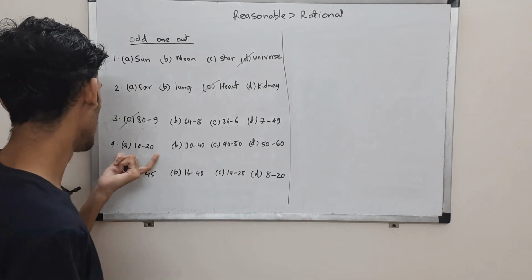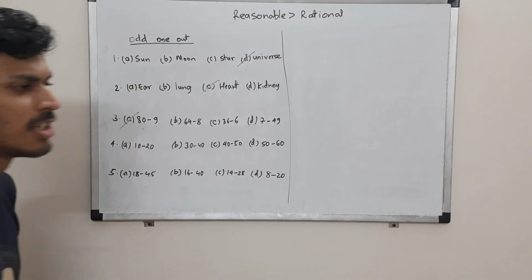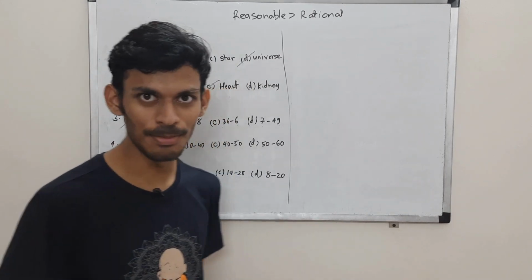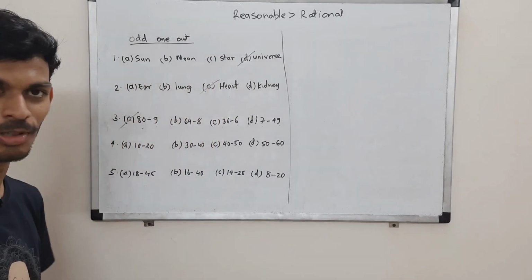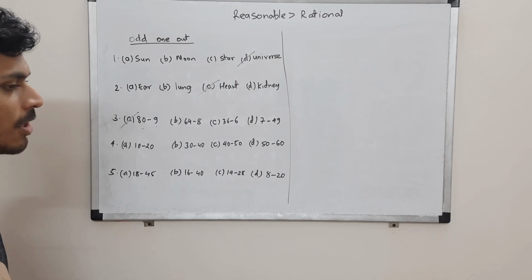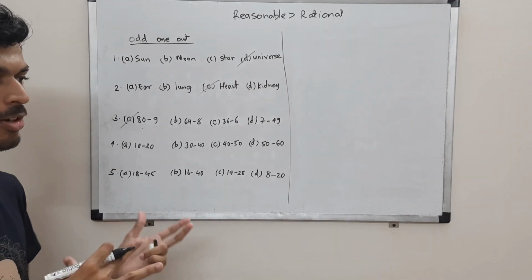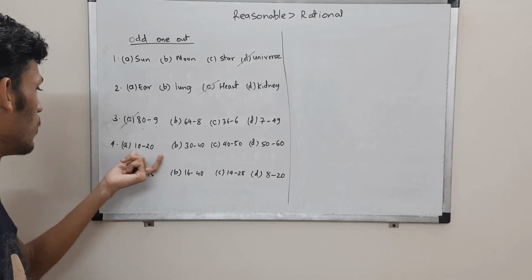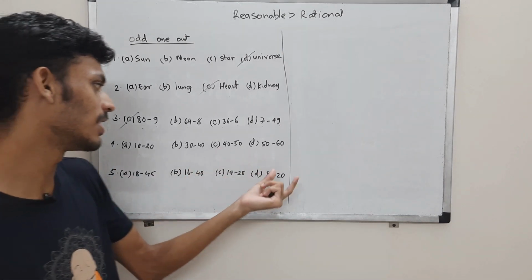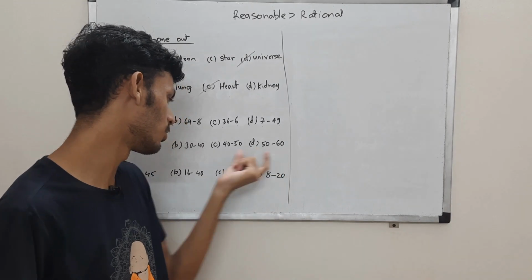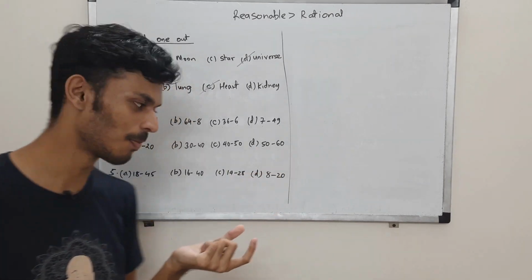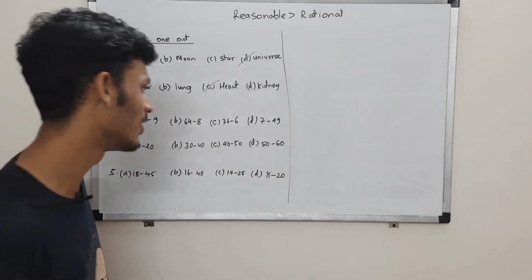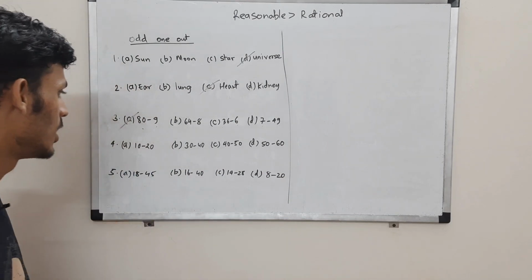Let's come to this one. Now in some questions the logic might not be that simple to see. For that you need a lot of practice. Only then you will come to know this question can be solved this way. So let's do question number 4: 10, 20, 30, 40, 50, 60 or sorry, 40, 50 or 50, 60. If you see, the difference is 10 everywhere, so that is not the differentiator over here.